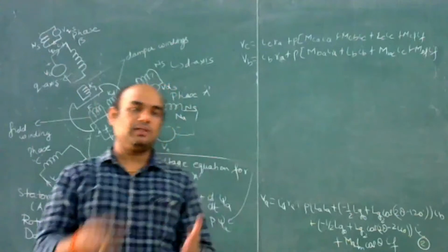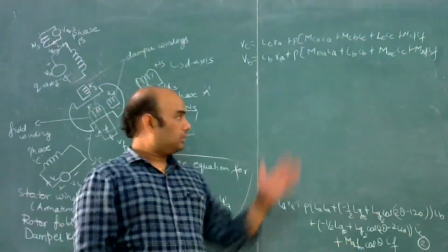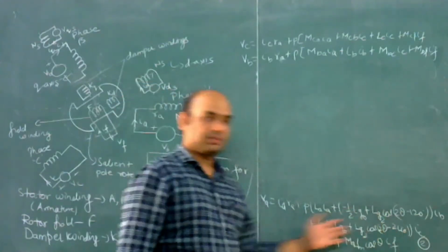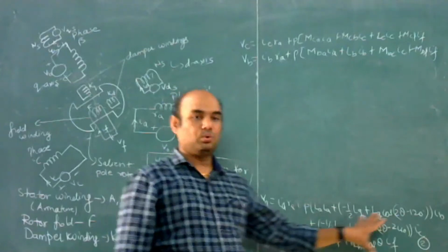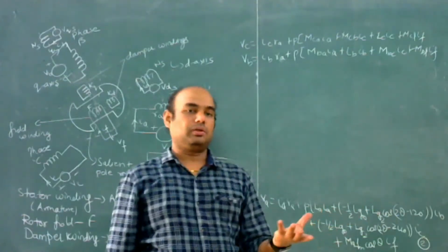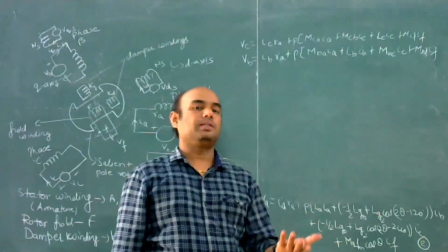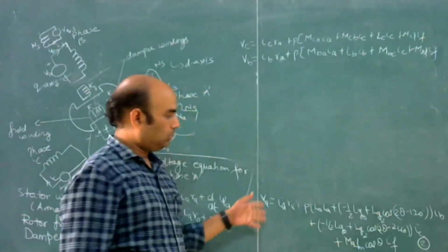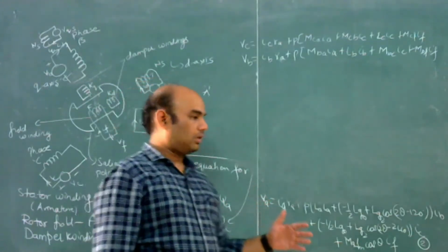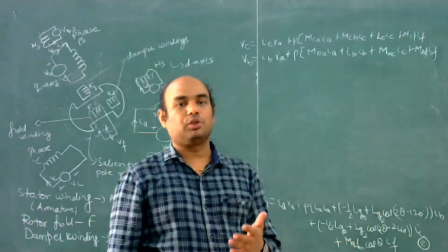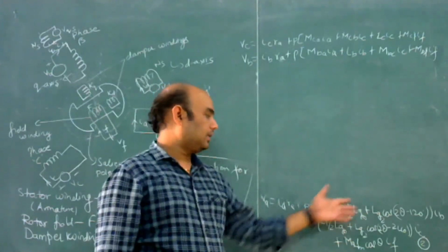So why are we doing this? For our convenience. Because this is very tedious, very laborious. If we convert this into the DQ system, things will become quite easier. So we generally convert ABC variables into DQ variables for easier calculations.